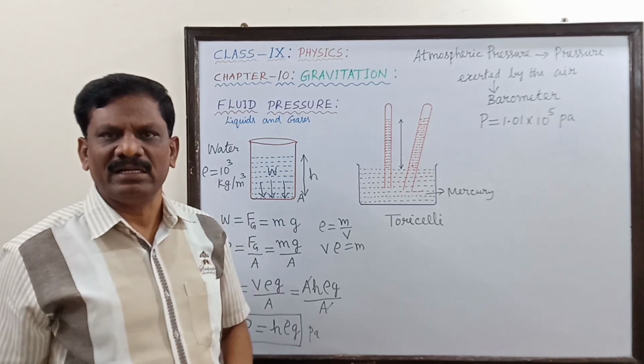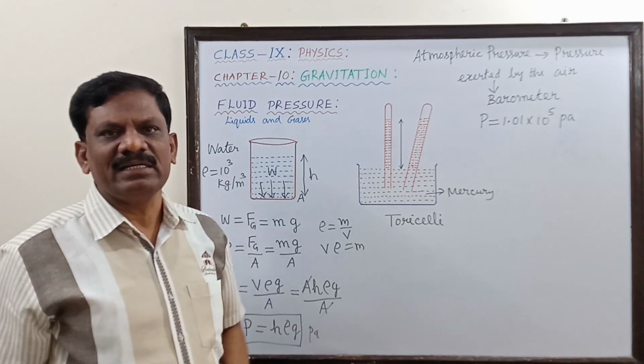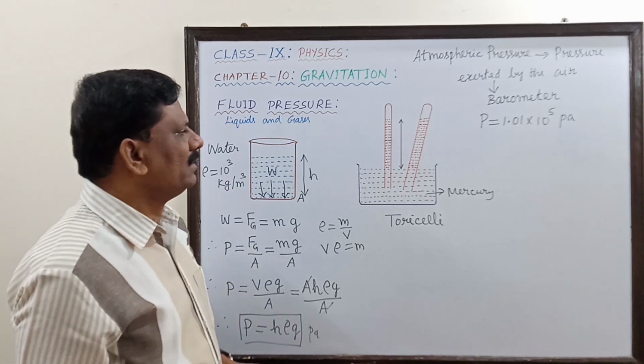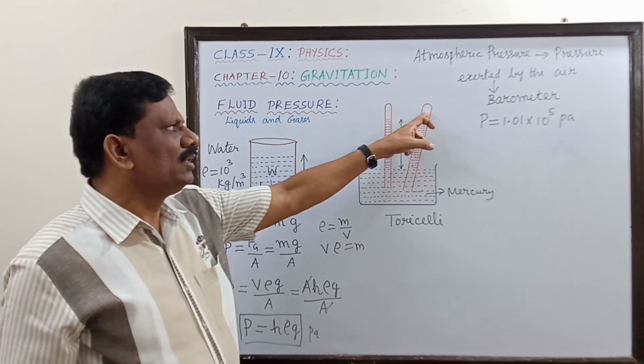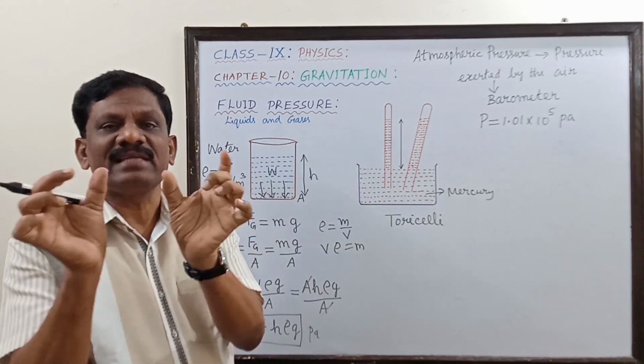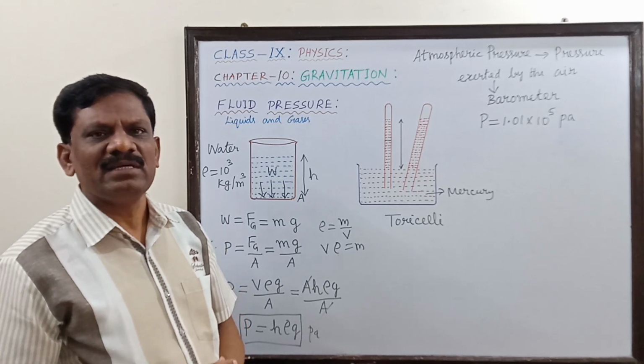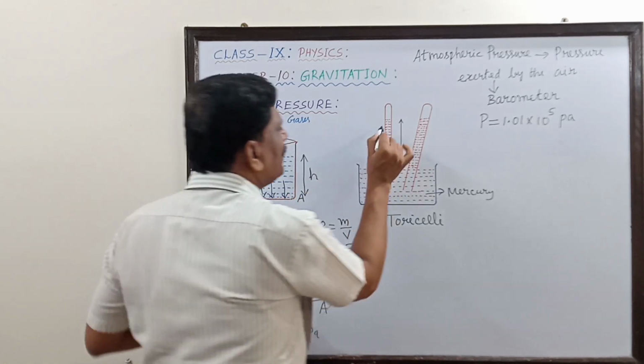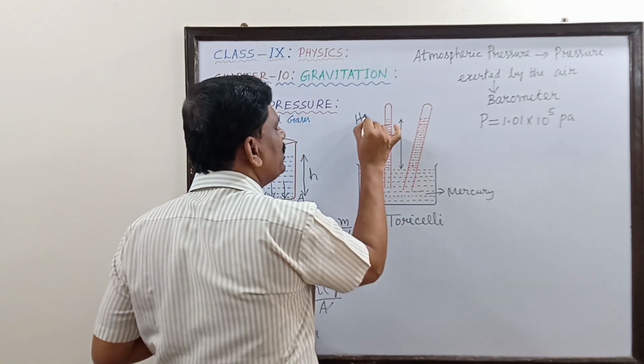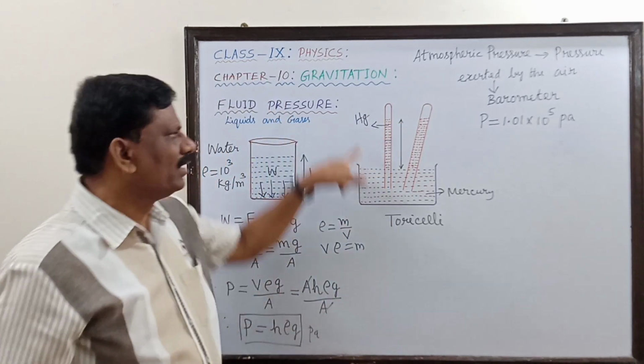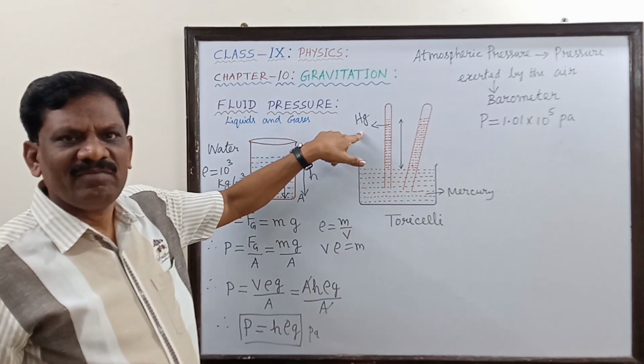It is a liquid metal, silver white in color, understand? Silver color. Now he took two different sized vertical tubes, and he filled mercury inside these also. Hg is the chemical symbol for mercury.